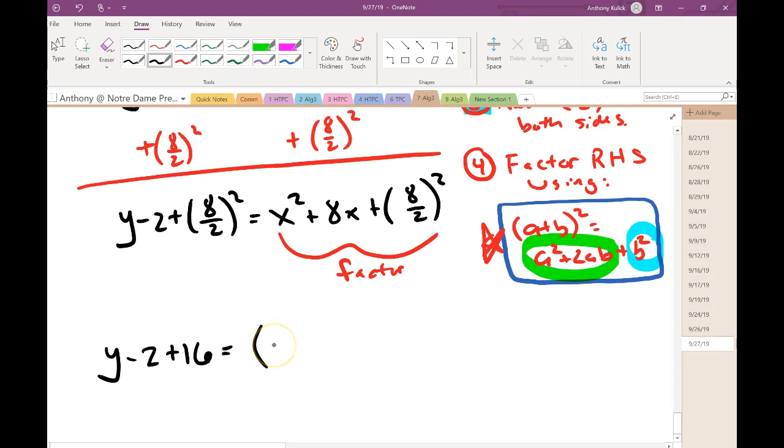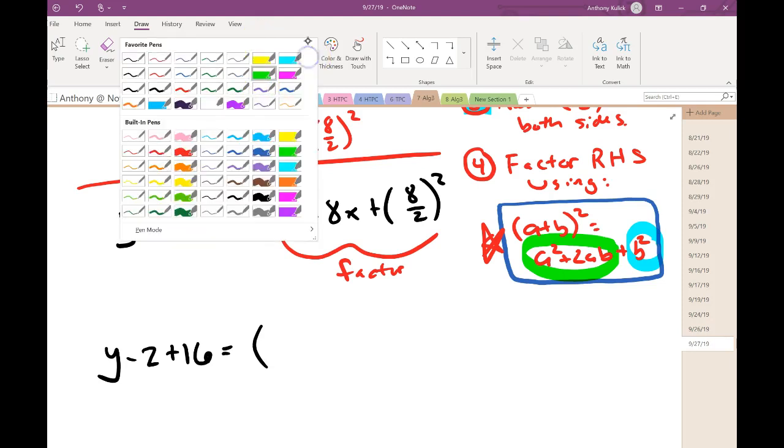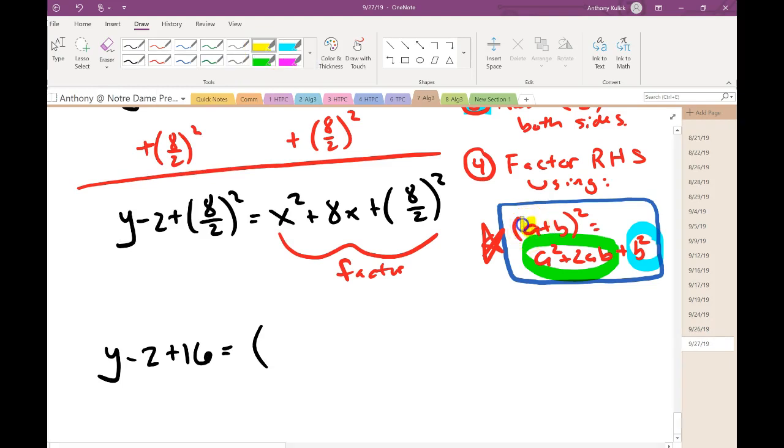So, how does x squared plus 8x plus 8 over 2 squared factor? If I look at this, in fact, I have whatever a squared. I just take the a part of it, and that's my a.